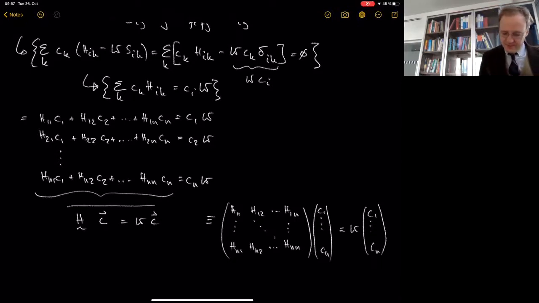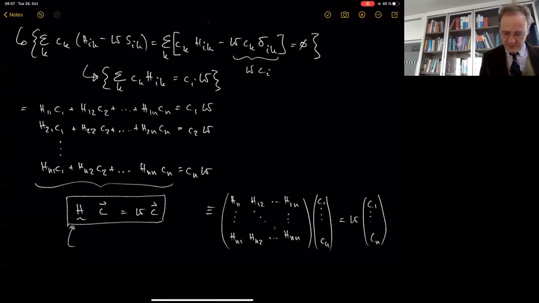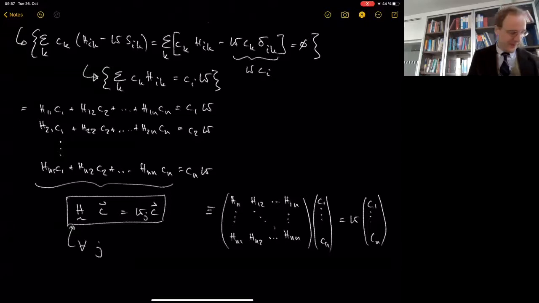All right. Now, again, this is just for one ω. So you would get this equation. So I can put in a j here and say for all j, for all states.